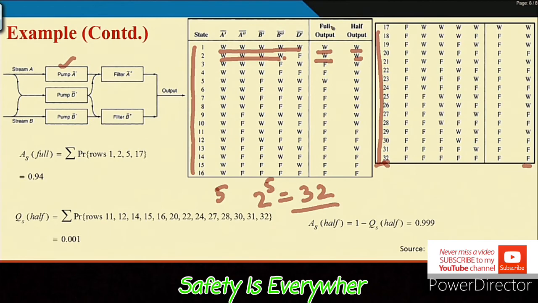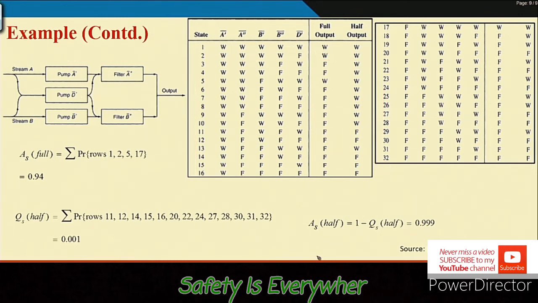Now you see what you want to do. You want to find out the AS full, okay, or AS half. So you find out under which of the combinations AS full is W, working, and which of the combinations AS half is working. So if you see carefully the table, you see that AS full is the first combination, second combination, fifth combination and 17th combination.